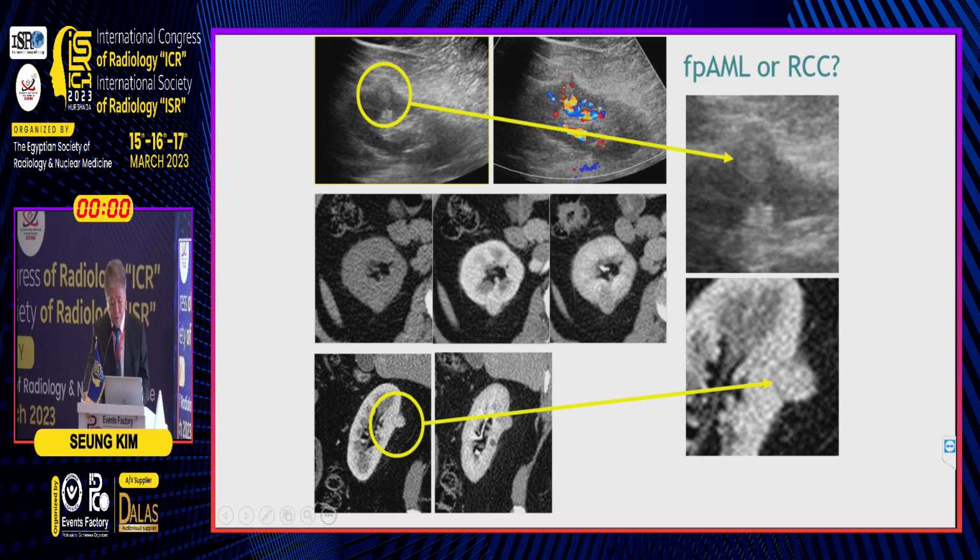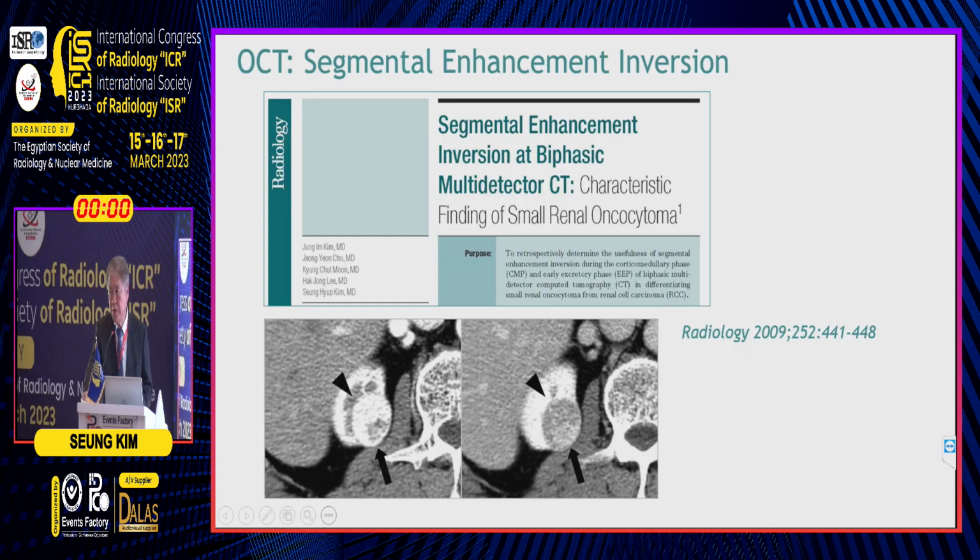These findings indicate pseudocapsule, which suggests a higher possibility of malignancy, and this was a clear cell renal cell carcinoma. So the finding of pseudocapsule is important. The last thing I would like to mention is the CT findings of oncocytoma.